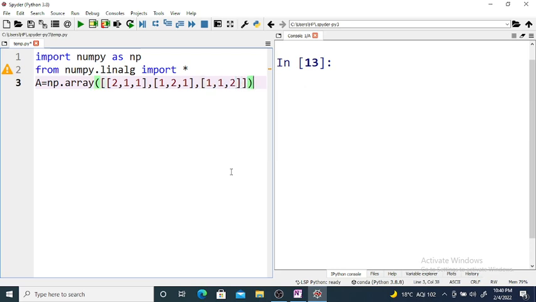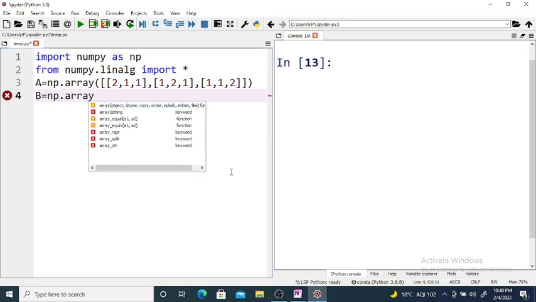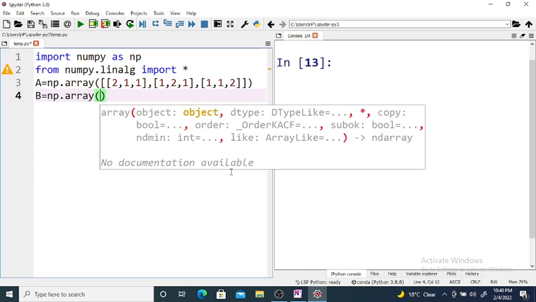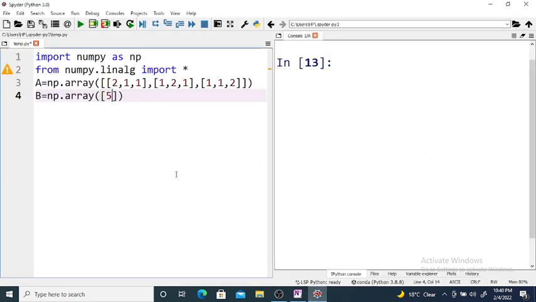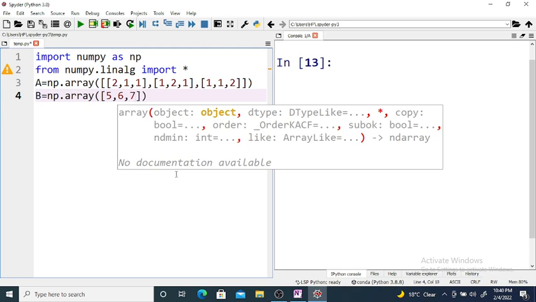Next we write b, which is again np.array, and matrix b is 5 6 7.